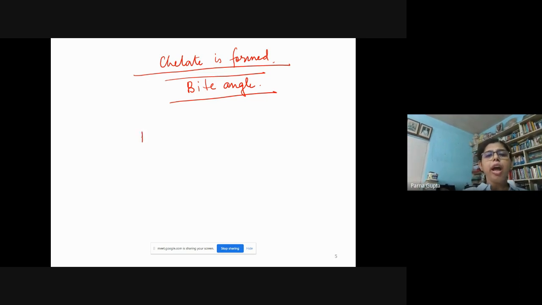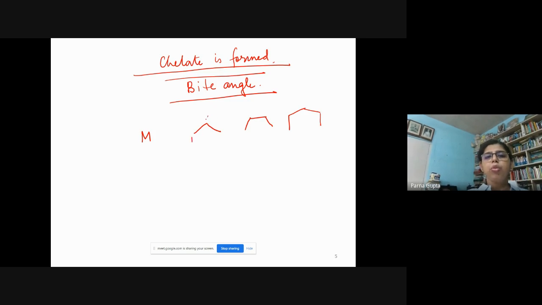If you have, let's say, M, there may be ligands like this, with 1, 2, 3, then 1, 2, 3, 4, then 1, 2, 3, 4, 5.